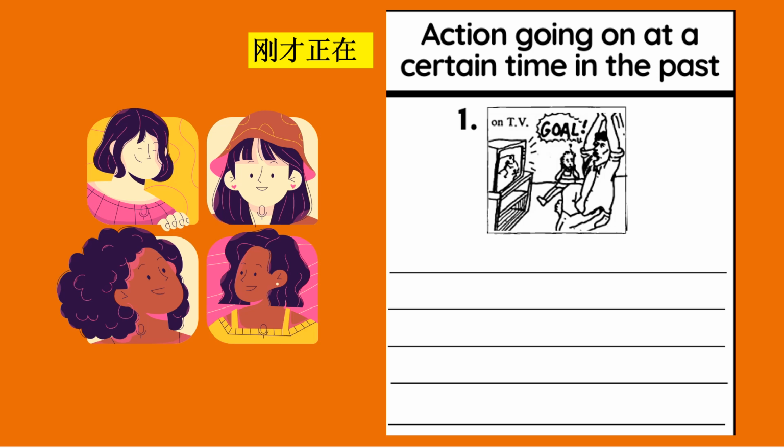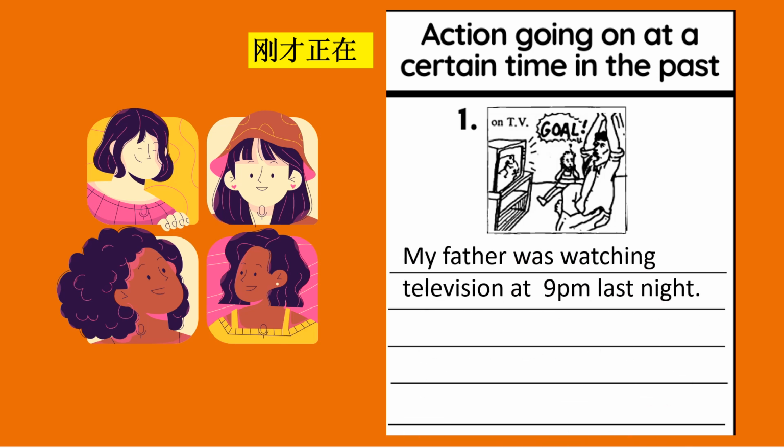动词，看电视，对吗？Alright, okay, so you are going to write a sentence together with me, and we want to talk about this person 以前正在。Okay, maybe you can talk about 昨天晚上9点，我爸爸正在看电视。是9点，昨天9点，过了是吗？See, 那时候正在。So that's why you need to use was, were, ing form.